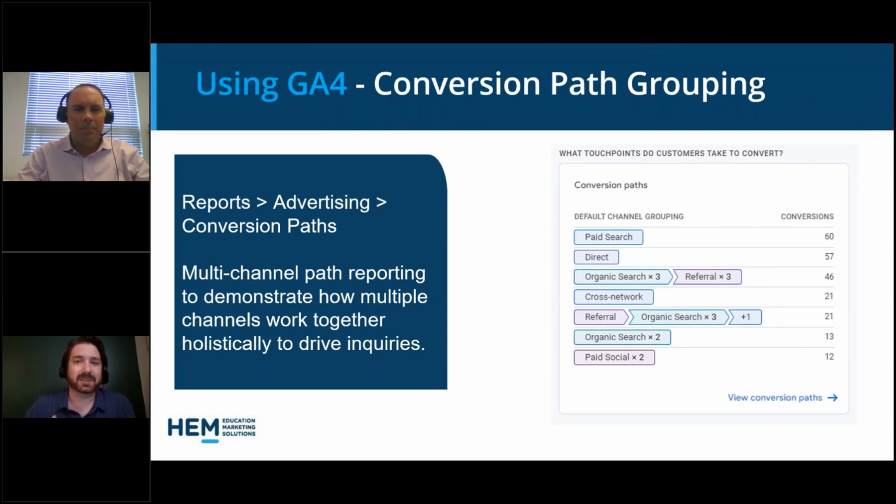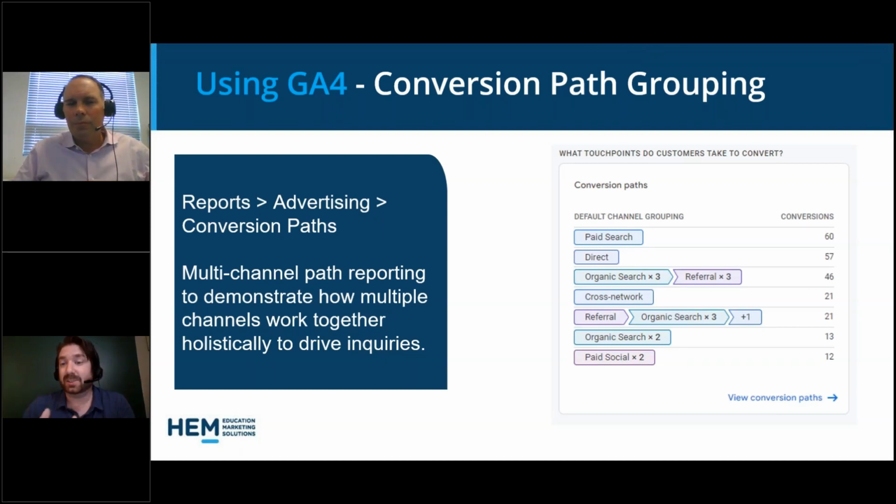And as Phil was saying, there's some really good data here, right out of the gate inside GA4, to really let you see how a lot of your different channels, your different endeavors, and your campaigns all work together. So this report under the conversion paths of advertising shows you at a glance how different channels and touch points form a larger picture of who becomes a conversion. In this case, some of these are very easy, they're kind of singular.